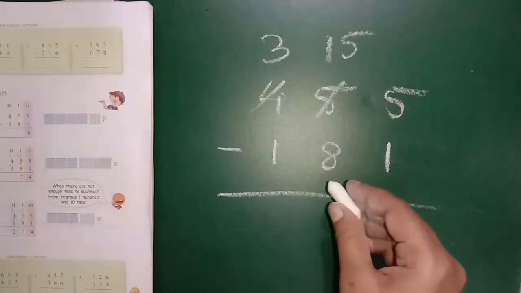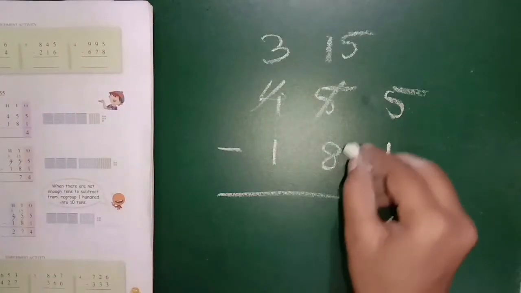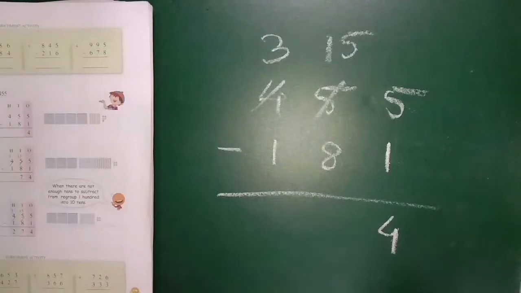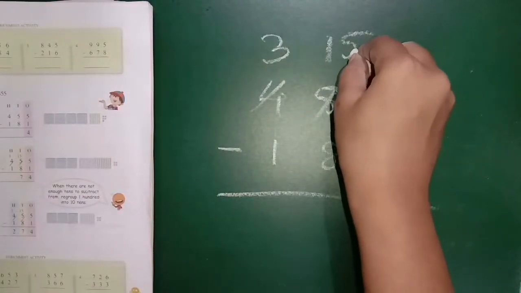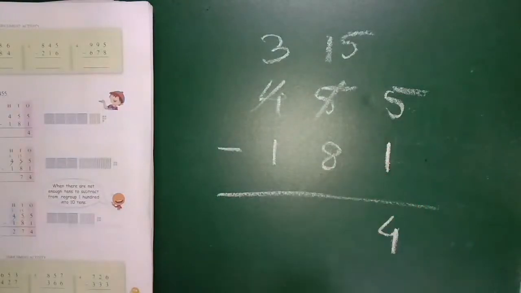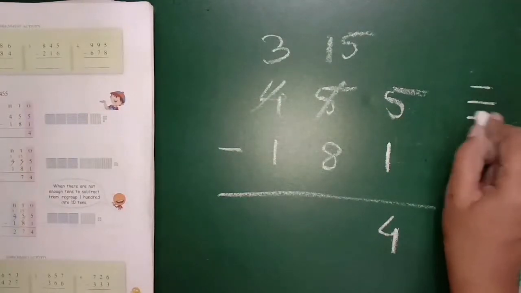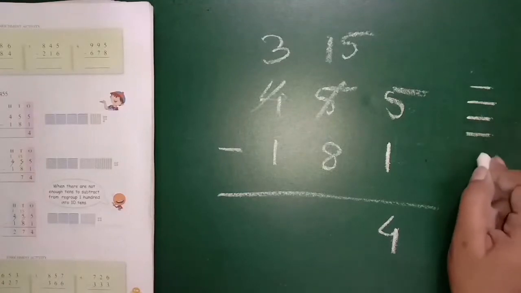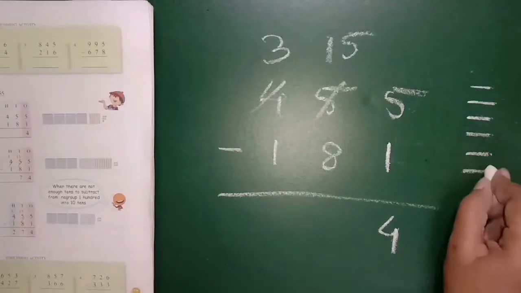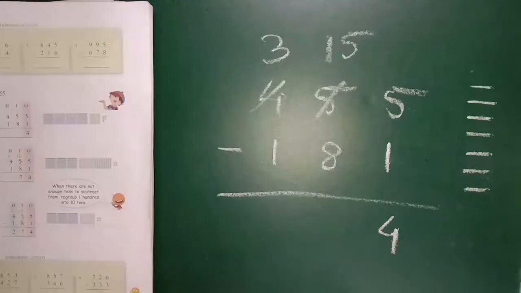Okay. So now we can subtract 8 from 15. Count 15 after 8. 9, 10, 11, 12, 13, 14, 15.